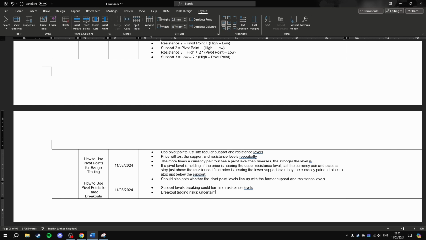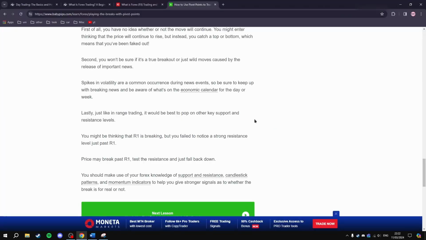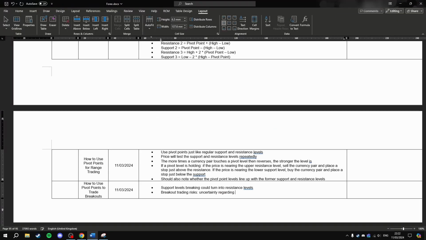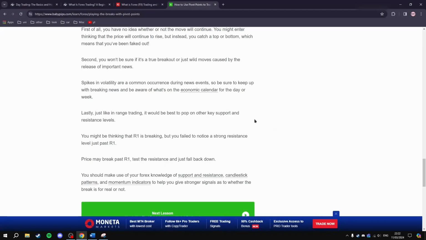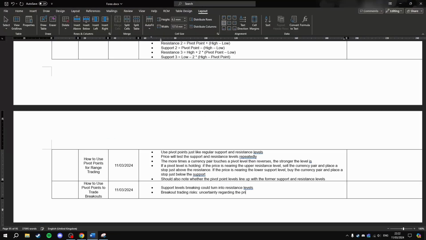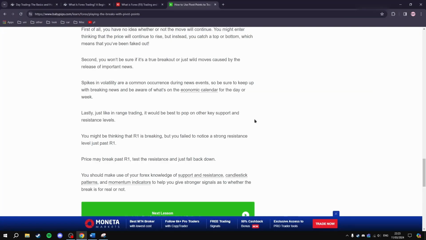Uncertainty regarding whether the price movement will continue or not. Secondly, you won't be sure if it's a true breakout or just wild moves caused by the release of important news.